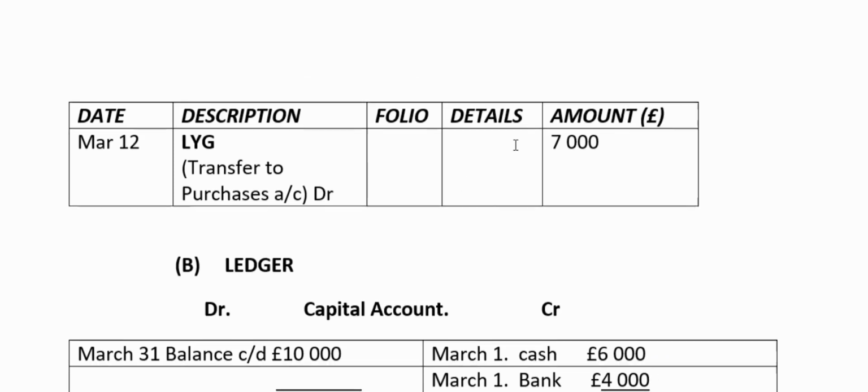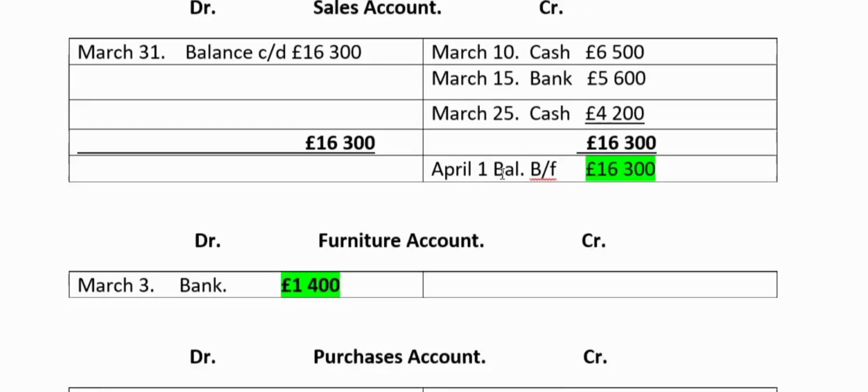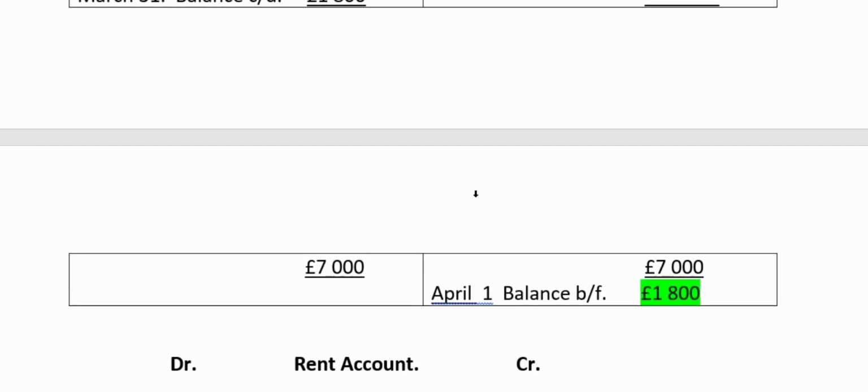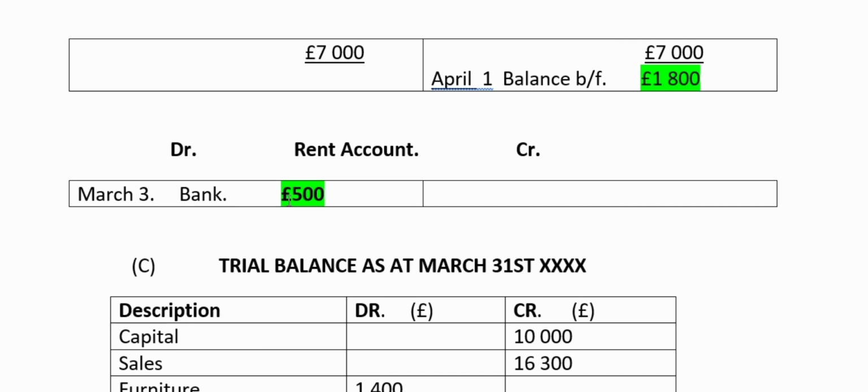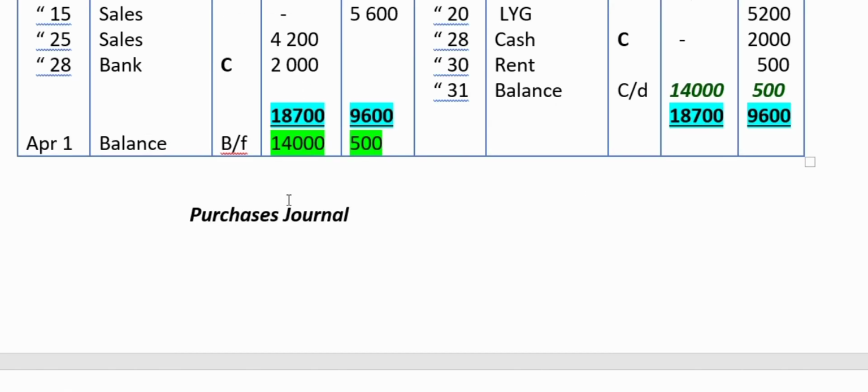Rent account was the last mentioned in the cash book, and so from the credit side it goes to the debit side, as found here. Having completed the ledger, use the balances of the ledger for the trial balance.